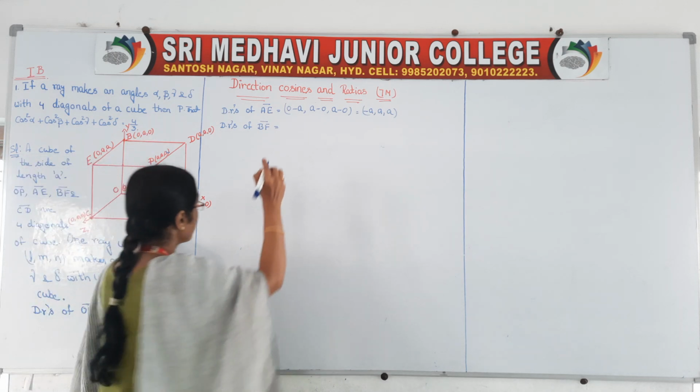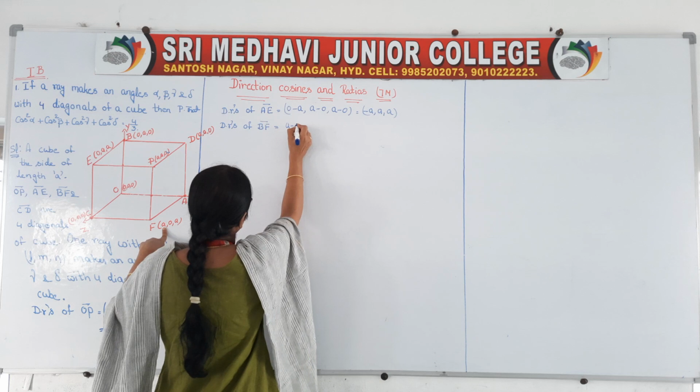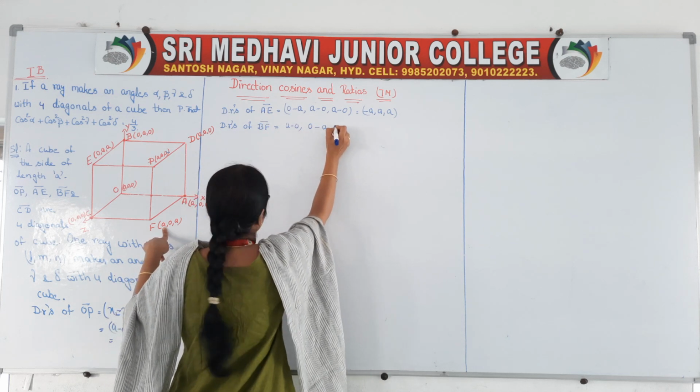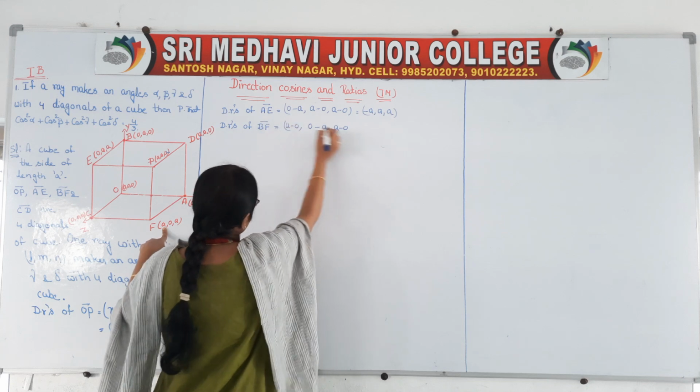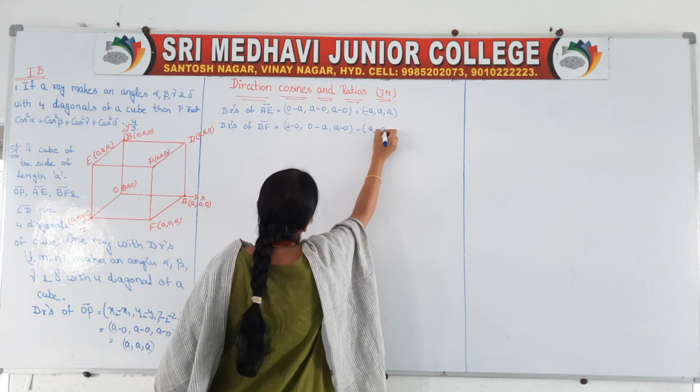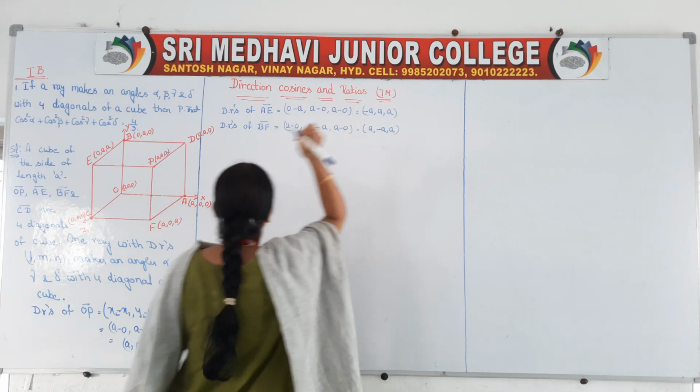So how can we take this one? So A minus 0, 0 minus A and A minus 0. So it is A, minus A and A.